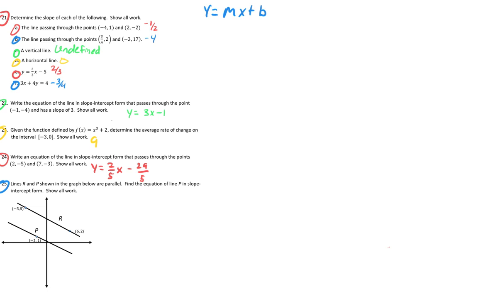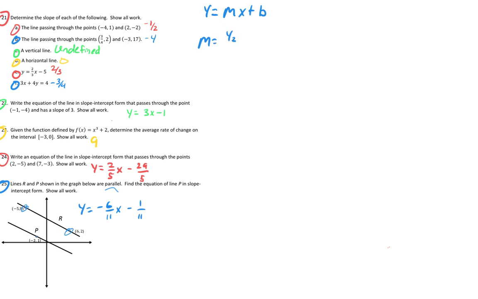And we want to use P, but we only have one point on P. This is where we need to remember that parallel lines have the same slope. And if we look at R, they gave us 2 points to find the slope.